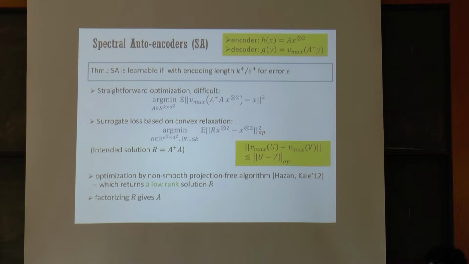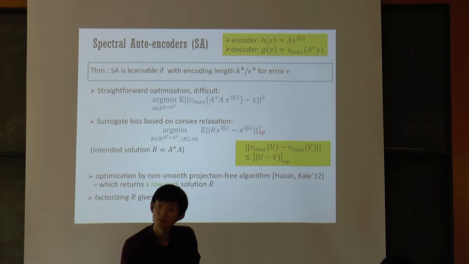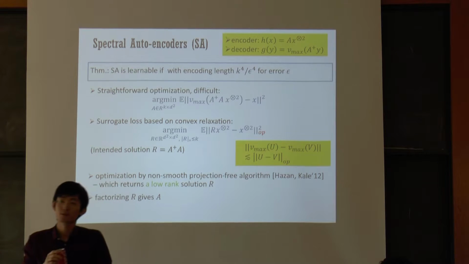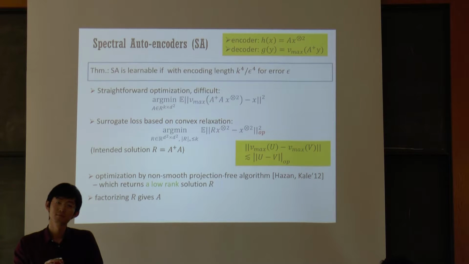This relaxation is similar to what people use for matrix sensing. You have a constraint on the matrix, and you want some linear constraints on the matrix to be satisfied. In matrix sensing, you would think of this Rx squared minus x squared as a linear constraint on R, and you would try to find a low-rank matrix that satisfies those linear constraints, and you have many x's.